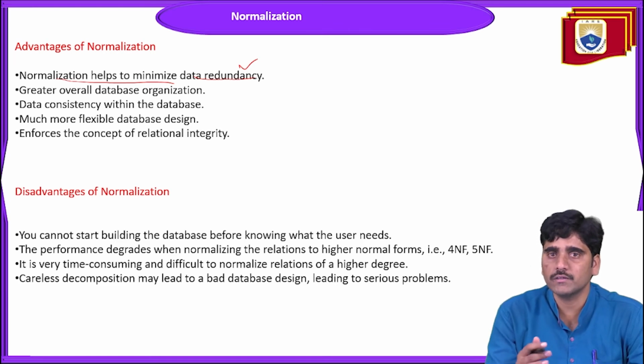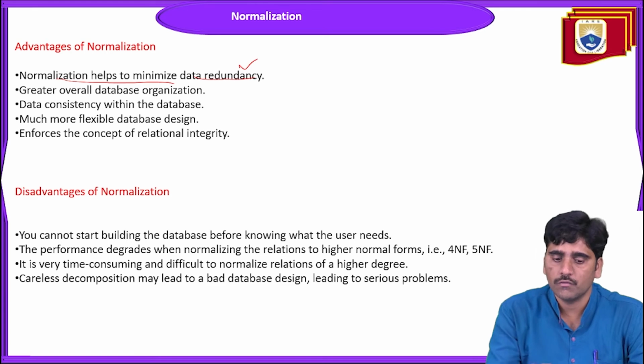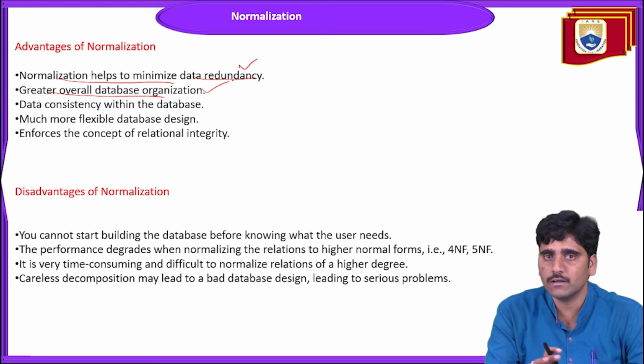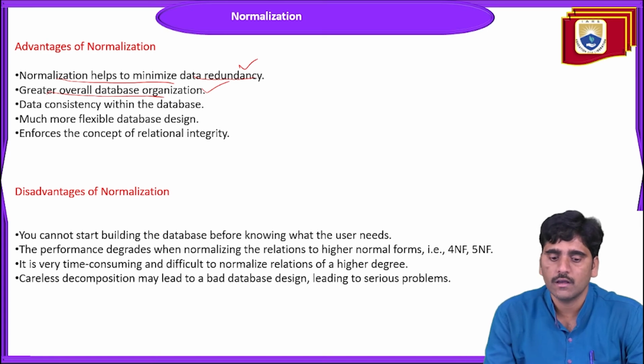Redundancy is nothing but having duplicate values in the database. To avoid duplicate entries, we do the normalization process, and it gives a greater overall database organization.